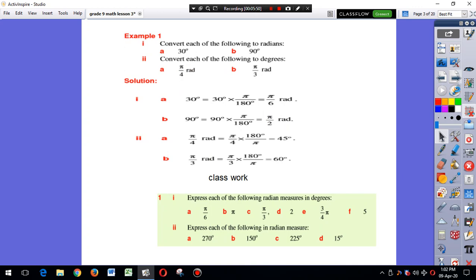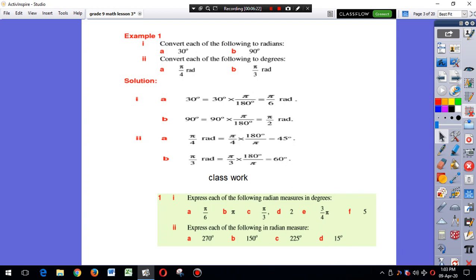As we have said earlier, in order to convert degree to radian, we multiply by pi over 180 degrees. So 30 degrees is equal to 30 degrees times pi over 180 degrees. If we divide the numerator and the denominator by 30 degrees, it will give us pi over 6 rad.